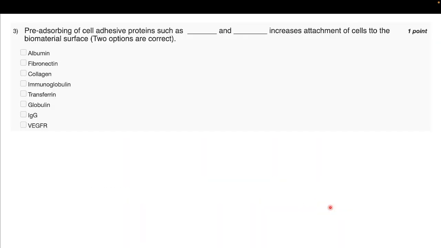So the next question is, pre-adsorbing of cell adhesive proteins such as blank and blank increases attachment of cells to the biomaterial surface. So we have to choose two cell adhesive proteins from the given options here, which will help in increasing the attachment of cells to the biomaterial surface.